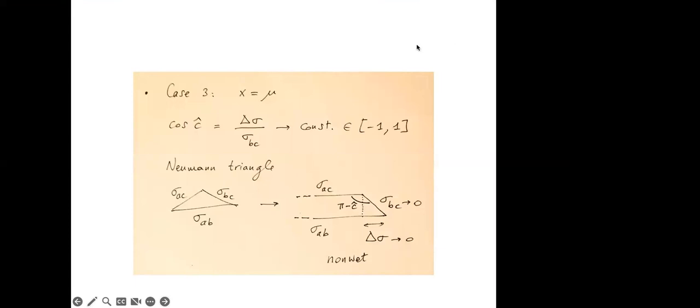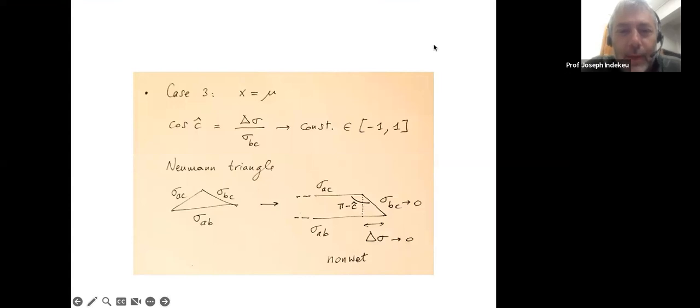And so x equals mu. They omitted the discussion of x equals mu. They simply said that they exclude that case, but they didn't say why they excluded it. But if you include that possibility, you find that the cosine of the dihedral angle, which I call c hat here for convenience, can go to any constant between -1 and 1.